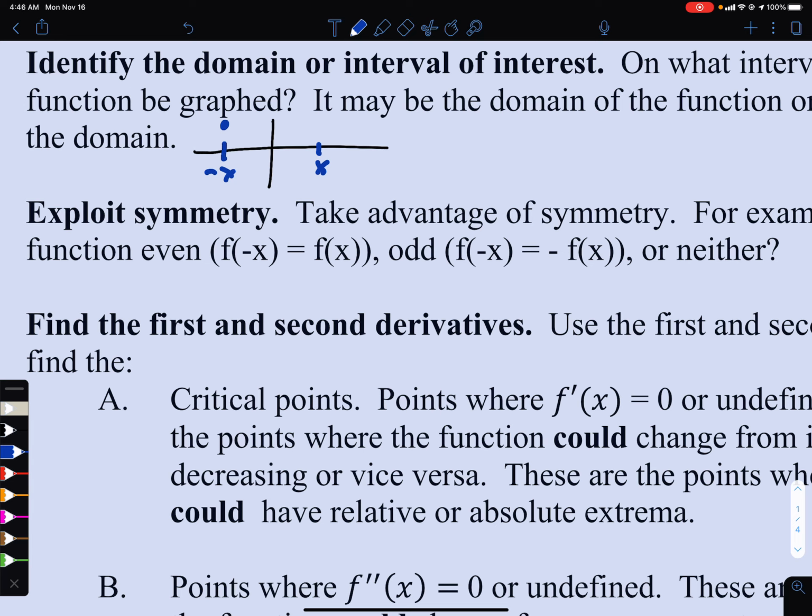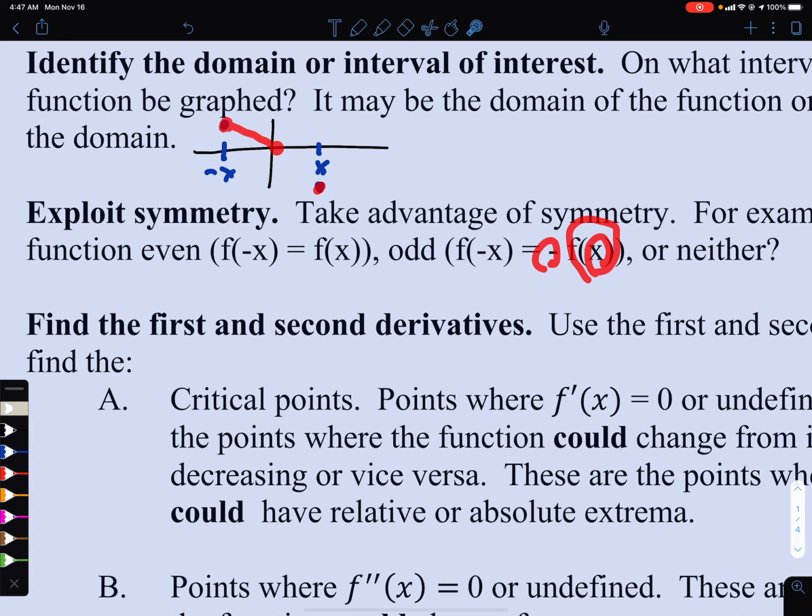Now, what this is saying is the original y value is going to be opposite. So on the x side, you get an opposite y value. So I'm going to be down here. So if I plug in negative x, I get a y value. But on the positive x, you get an opposite y. You're going to be down here.